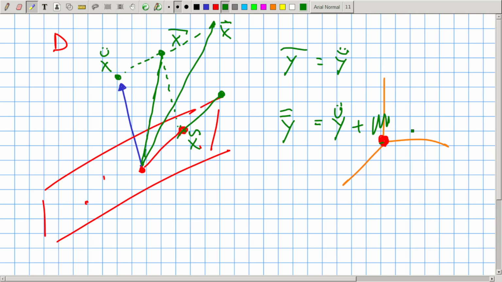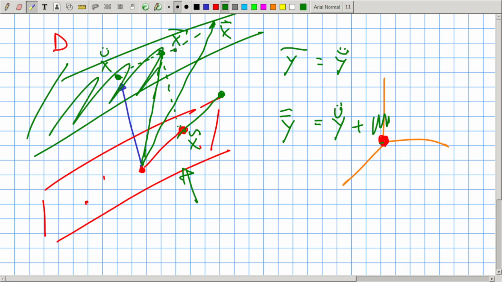You see? That means that the whole plane, I'm lifting the grid, the red plane, I'm lifting it up to here. All this plane is going to go into y happy. 1, 2, 3.